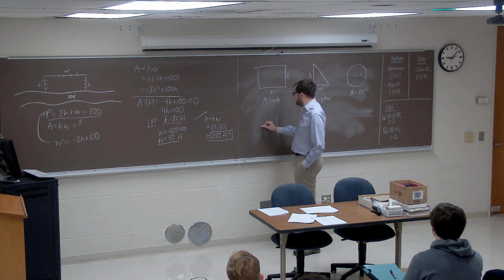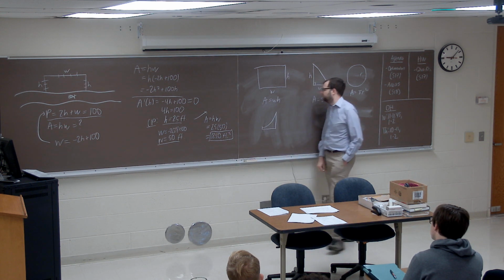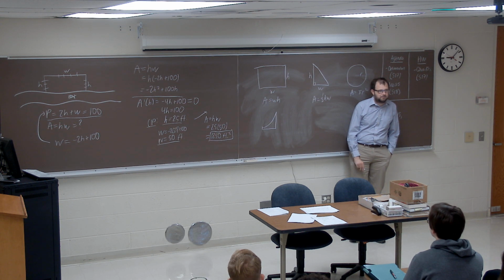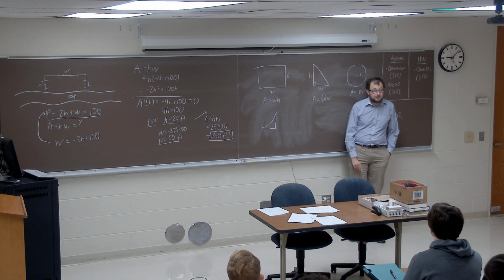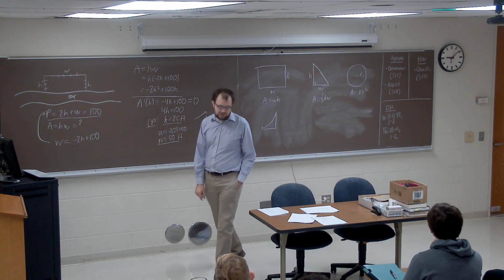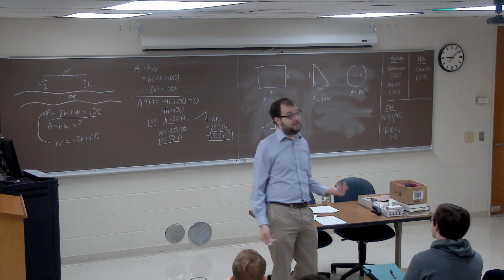How do I find the area of this thing? A little bit less simple. So, this is a question mathematicians have been interested in for thousands and thousands of years.